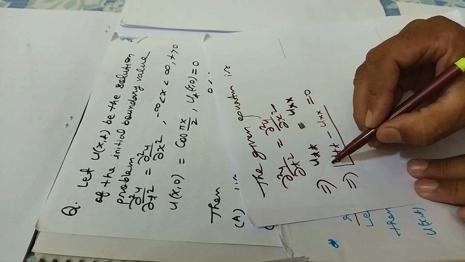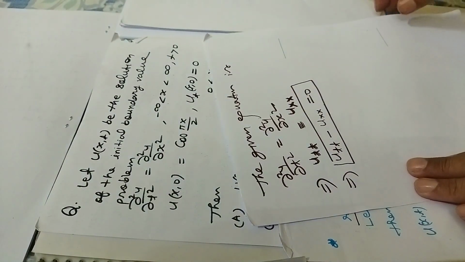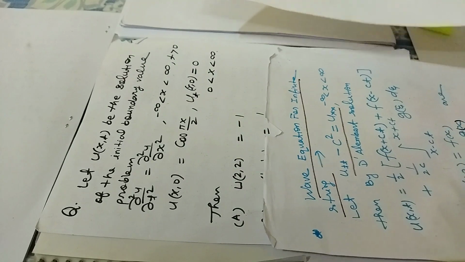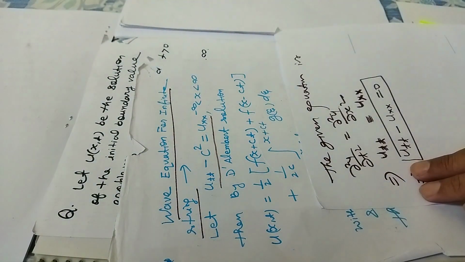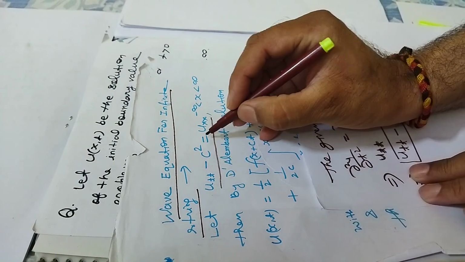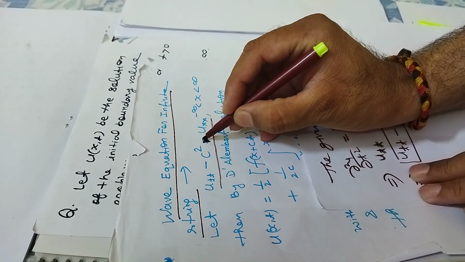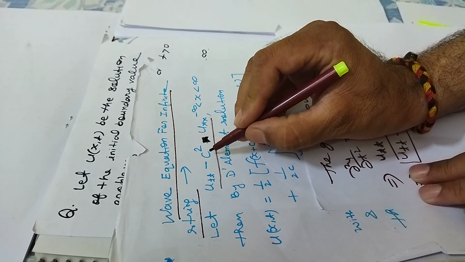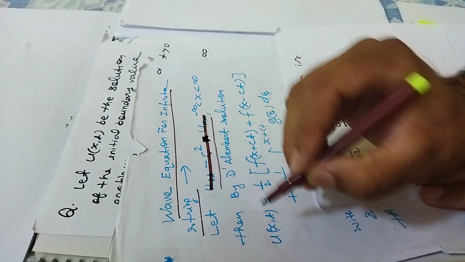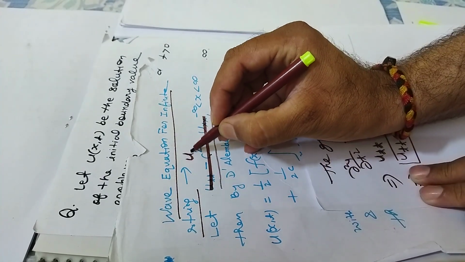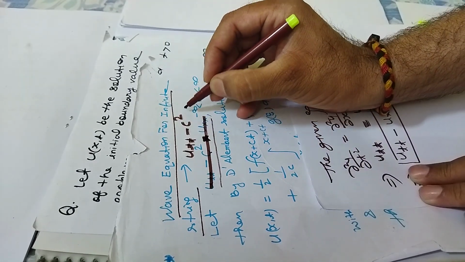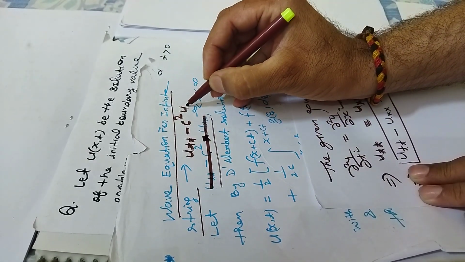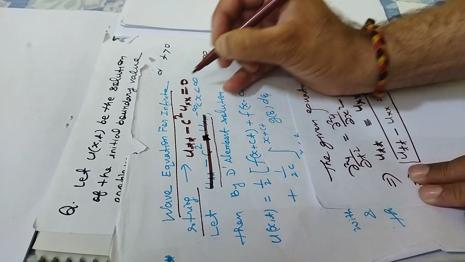If we compare it to the standard equation, this is multiplied by c square. So if we write it here, this is u_tt minus c square u_xx is equal to 0.